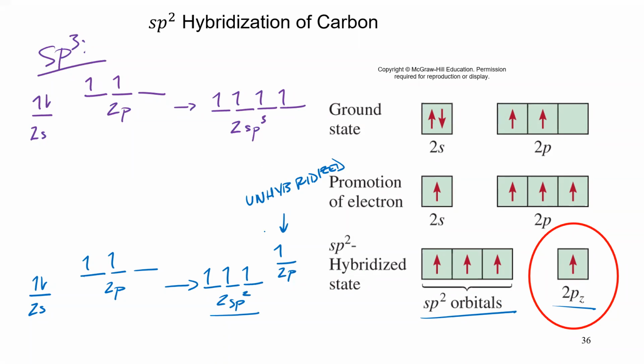But it still gets to keep an electron. It's not that the electrons are all shifted away. And so what we end up with is a carbon that is going to be bonded to 3 different atoms, right? Because it's sp2 hybridized, we know that it's going to make 3 bonds. But then what in the world does this little leftover 2p electron do?